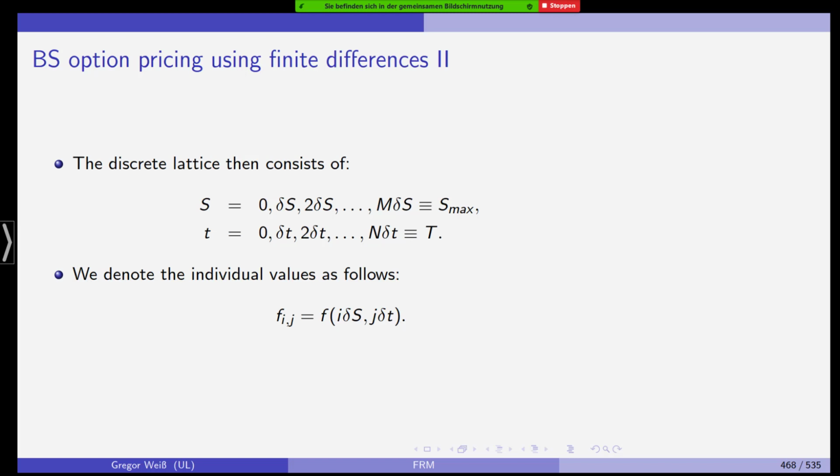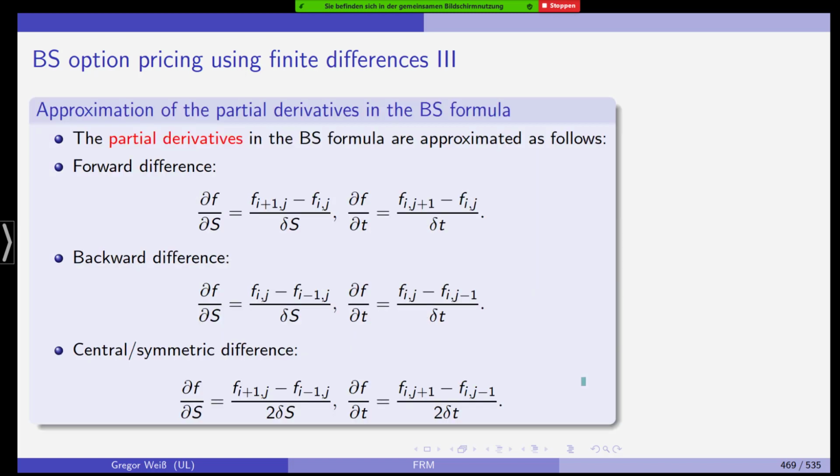The individual values of our function, the option price, the derivative price, we abbreviate and say this is Fij. This is the option price for the ith stock price and the jth time interval. Now, I said we have three different ways of using differences. Forward difference, one to the right. Backward difference, one to the left.